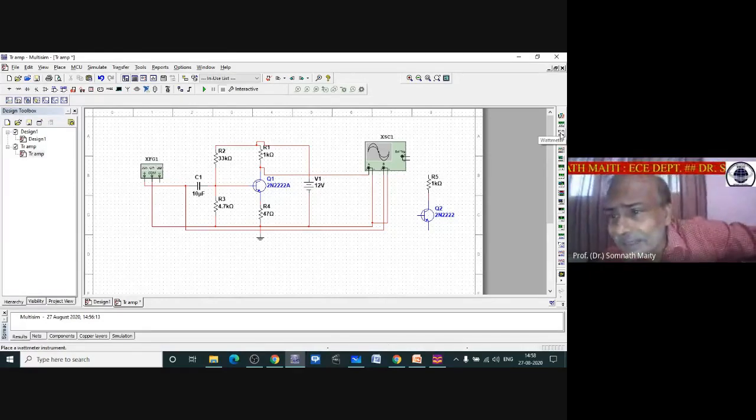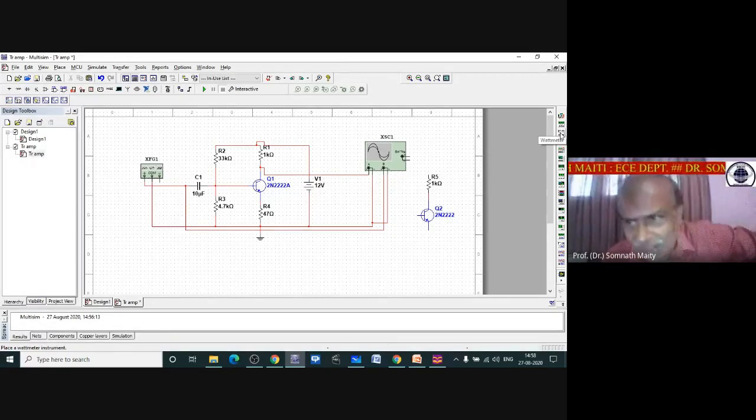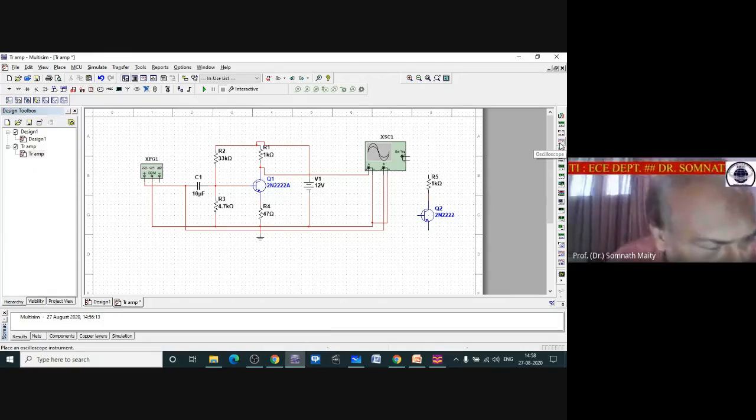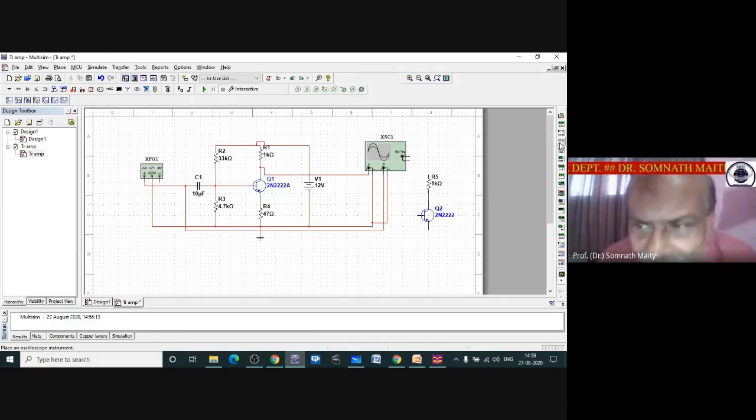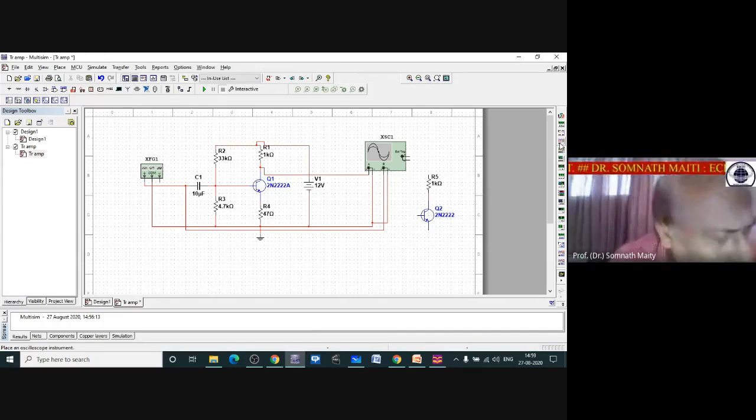And with a wattmeter, you can measure power. And this is the oscilloscope. In an oscilloscope, you can display waves. Are you familiar with these instruments? Have you seen them, heard the names, or handled them?